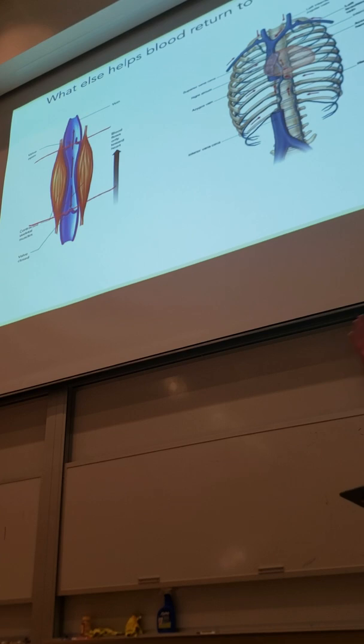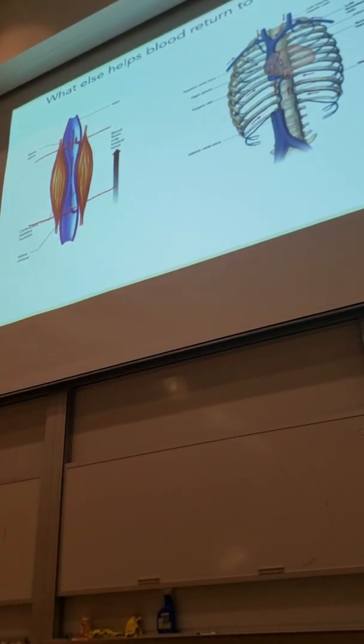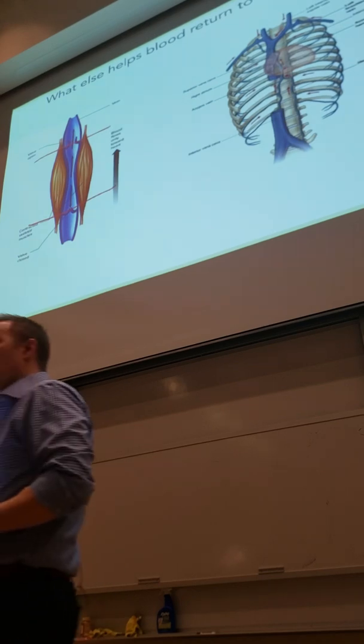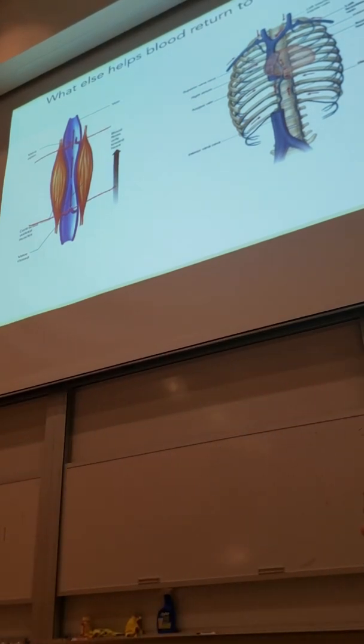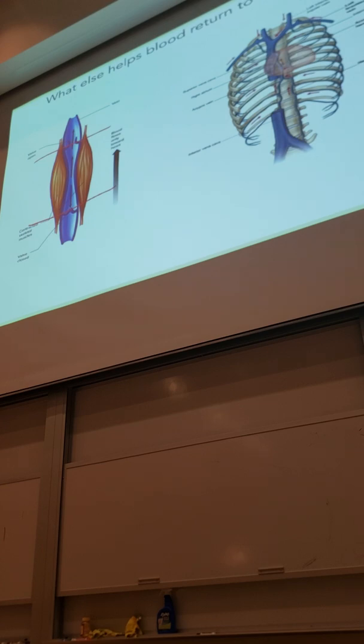All these little arrows are showing you that blood is drawn towards that lower pressure. So we're reducing the pressure close to the heart when we inhale, especially if we inhale strongly, and we are drawing blood towards our heart. This is going to be a small effect when we're breathing in a relaxed manner, but if we're out exercising, this helps a lot.